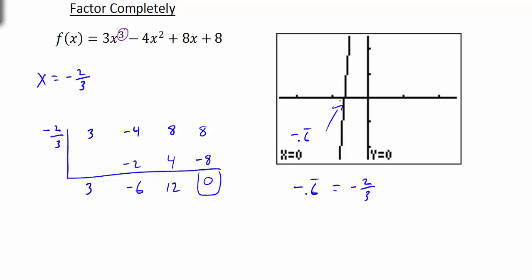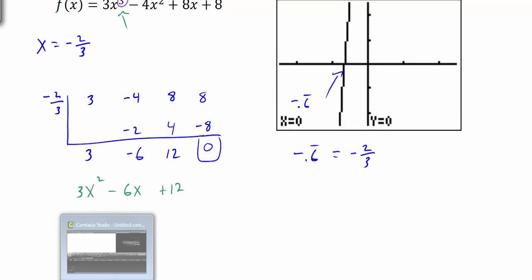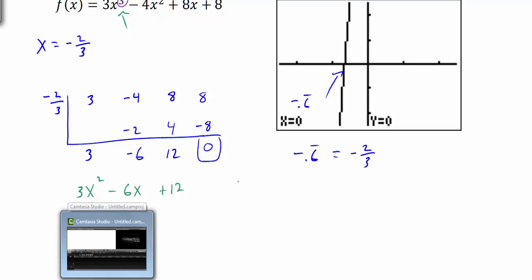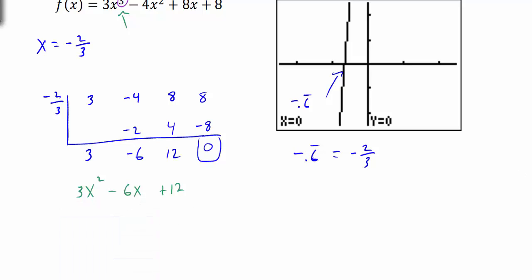So once again, up here we started with x cubed. We're going to drop that down 1, so our first term is going to be x squared. So that's going to be a 3x squared minus 6x and then a positive 12. So now hopefully this is something that we can factor. Well, let's see if we can do that.